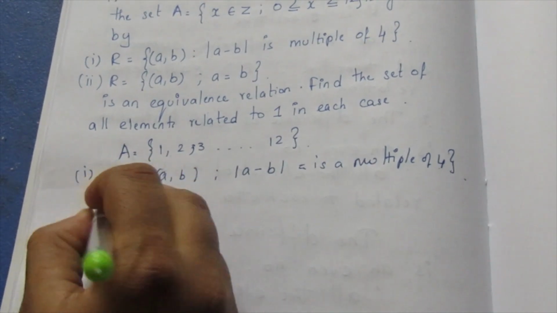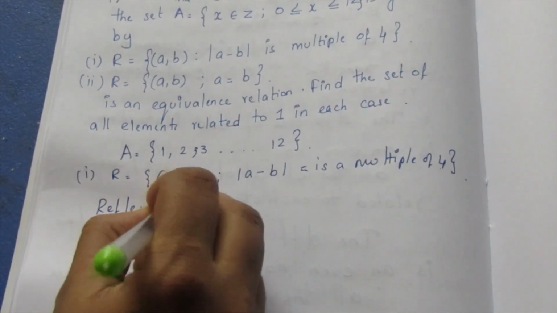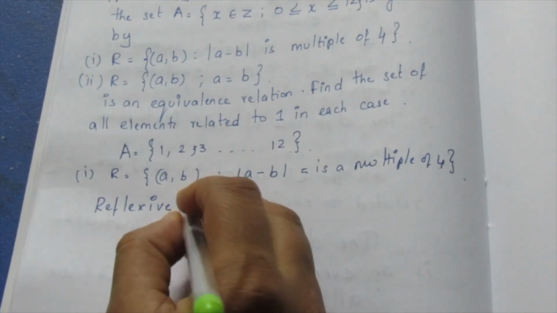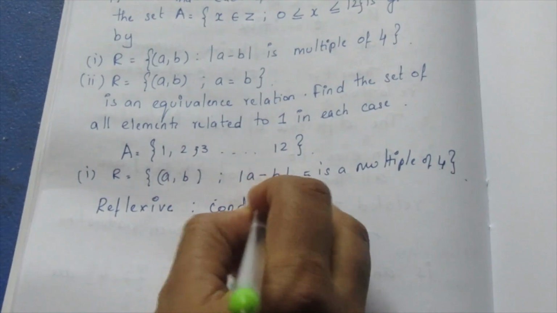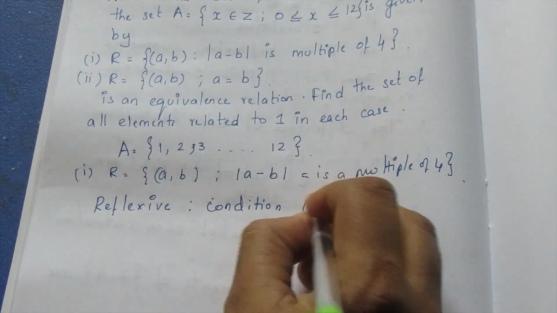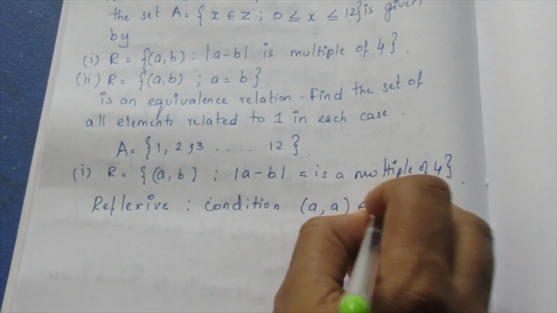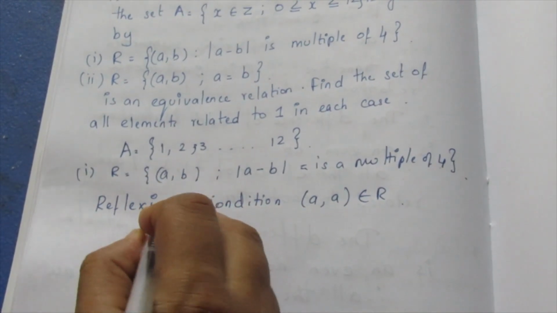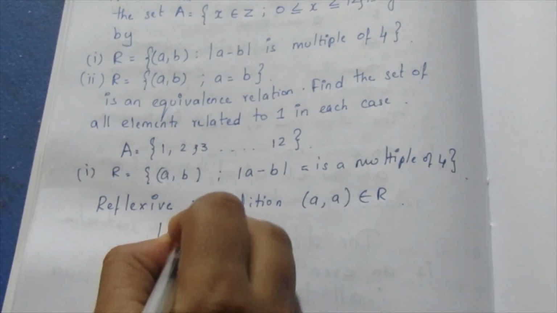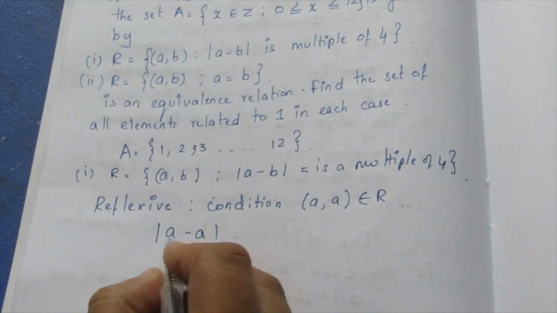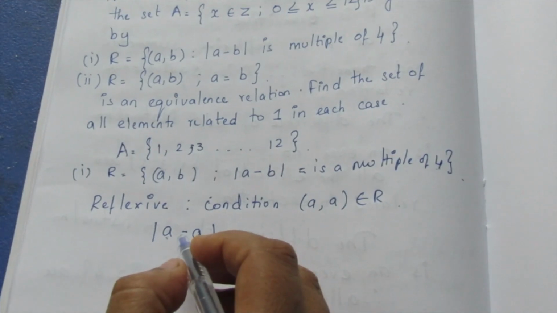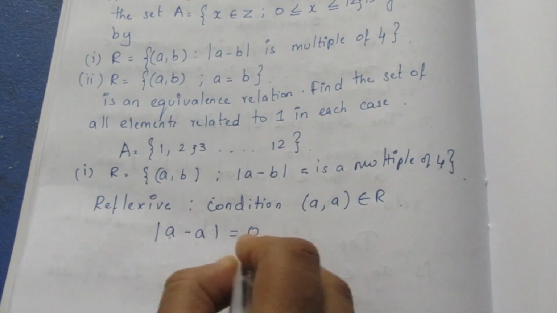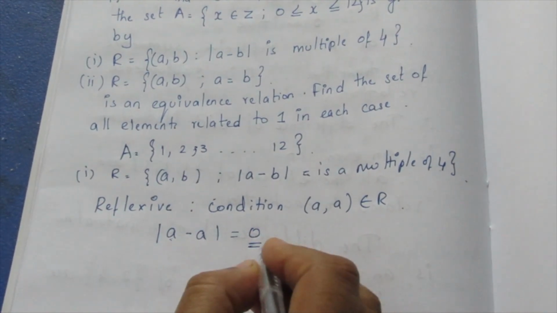Now let me take reflexive. We know that for reflexive both will be the same, that is (a, a). Here the condition for reflexive is (a, a) belongs to R. Now if I take any number, modulus a minus a, let me take the same number. a minus a is equal to 0. 0 is a multiple of 4. 4 into 0 will be 0.